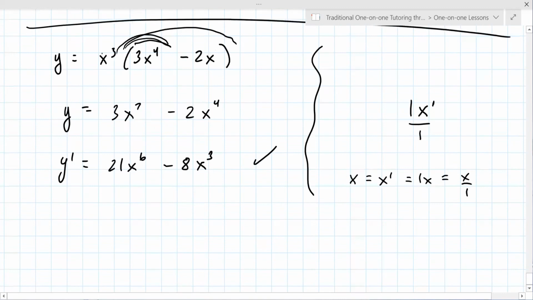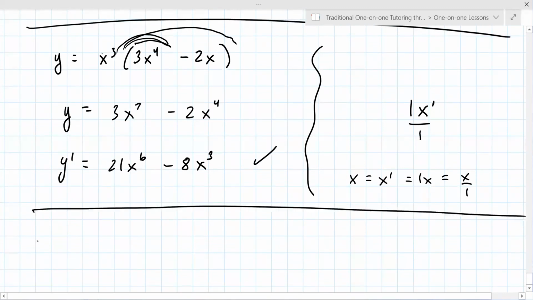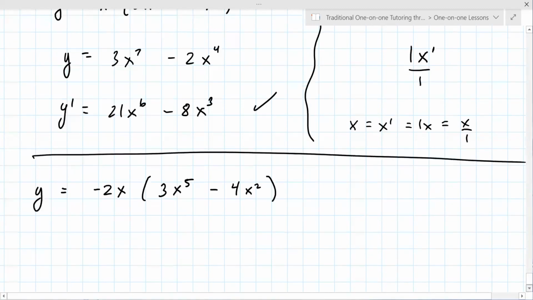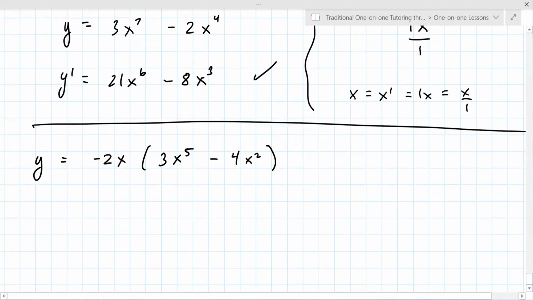Yeah. Okay. All right, one more example. My virtual lessons are only 50 minutes because it's much more difficult. Minus 2x times 3x to the fifth minus 4x squared. So y equals.